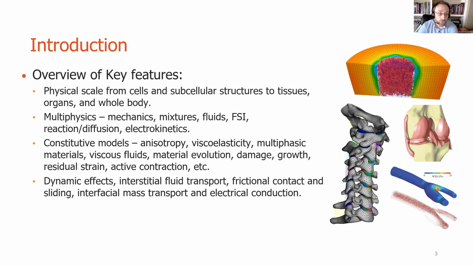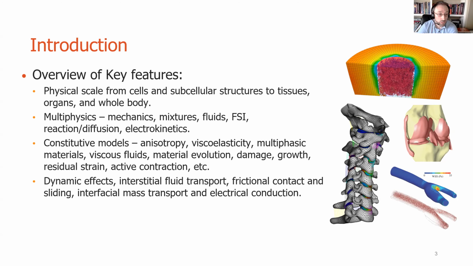You can use FEBio to model a range of physical scales, going from cells and subcellular structures to tissues, organs, and whole body mechanics. FEBio is a true multi-physics code, so we can not only do mechanics, but also various other kinds of physics and combine them together in one simulation.